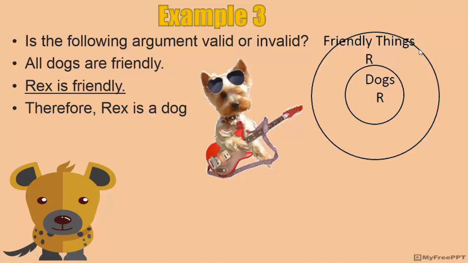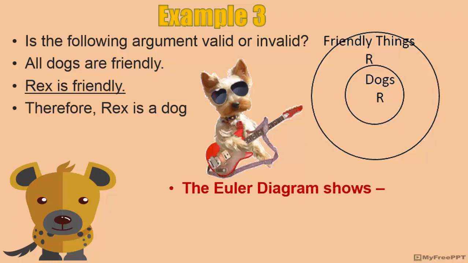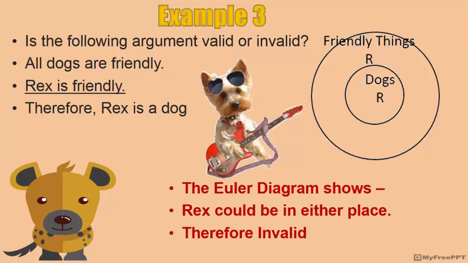So we can put Rex in friendly things and Rex in dogs. But since Rex can be in two different places, as we've discussed earlier, that means this is an invalid argument. Therefore, as I said, this is invalid.